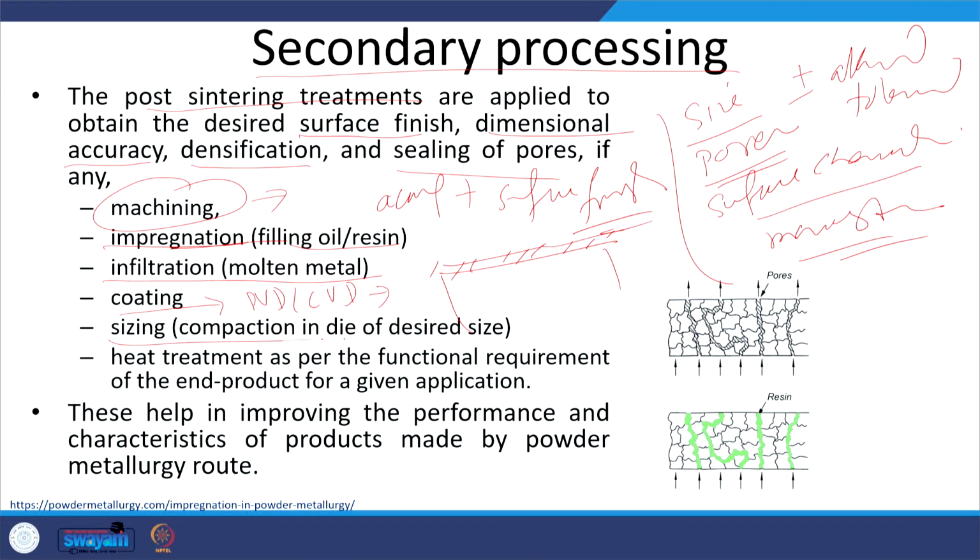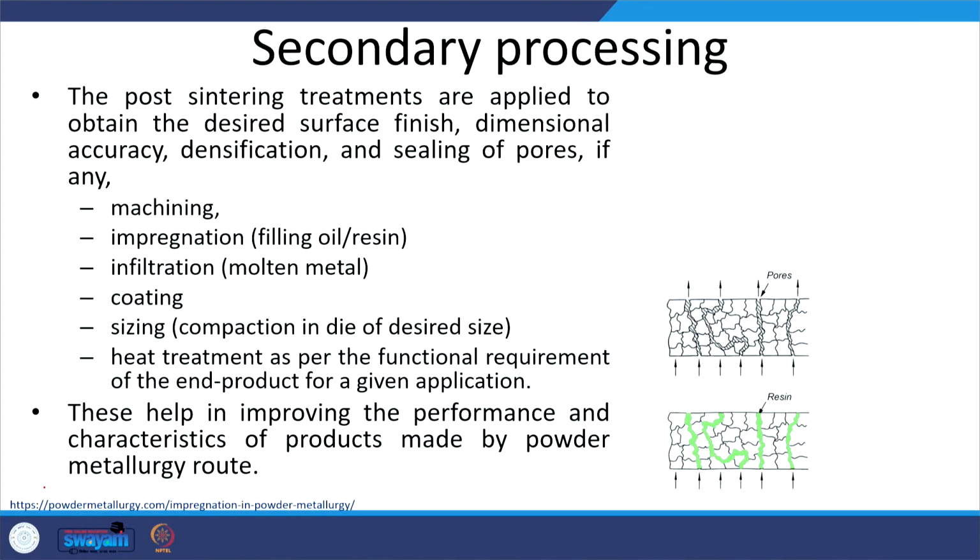Sizing involves compaction of the product made after sintering in a die of the desired size, so that the plastic deformation helps in realizing better control and accuracy in terms of the dimensions of the product. Then heat treatment as per the functional requirement of the end product can be done, to develop the desired microstructure and mechanical properties in the product.